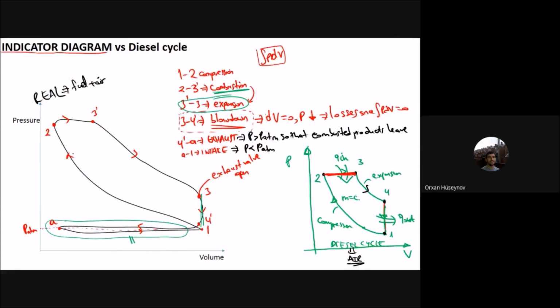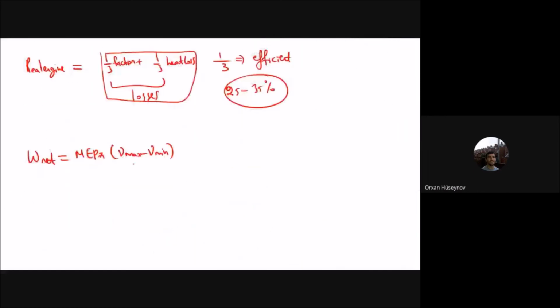What we are saying is that there is some average pressure that, when you multiply it by the change between the maximum volume and the minimum volume, gives you the same work. This is the definition of the mean effective pressure.